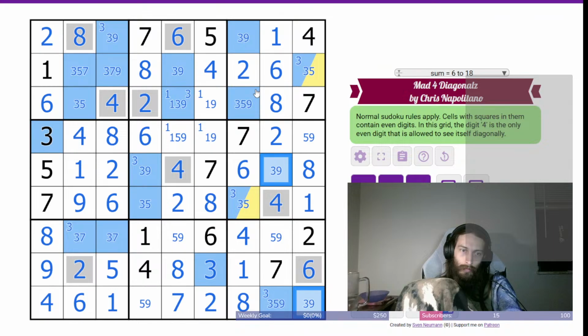Go to box 5. There. And that's as far as it can go, it looks like. Because it doesn't influence any of that.